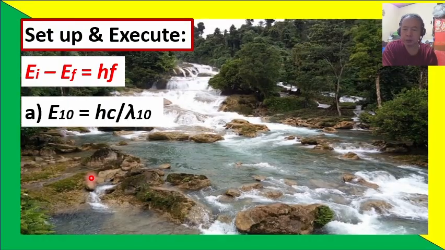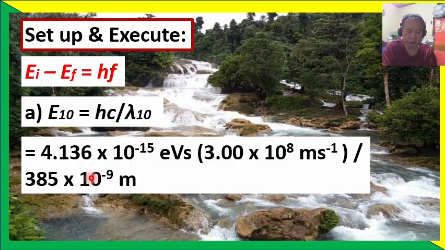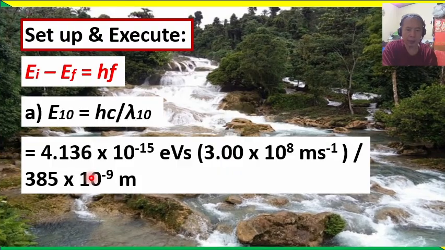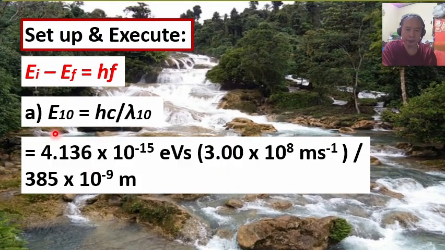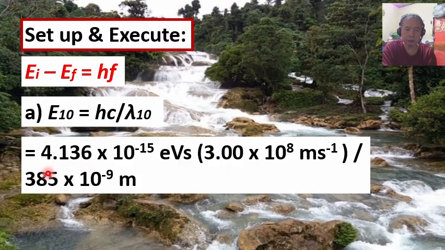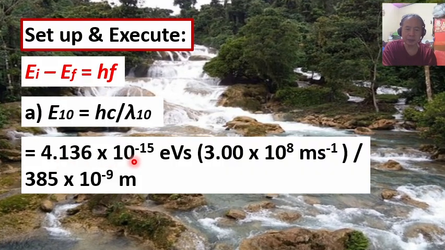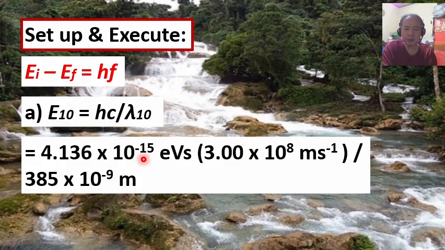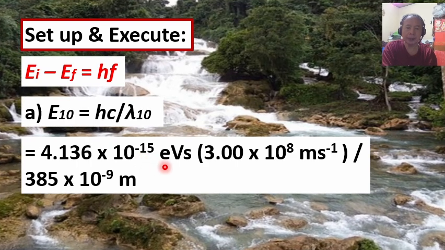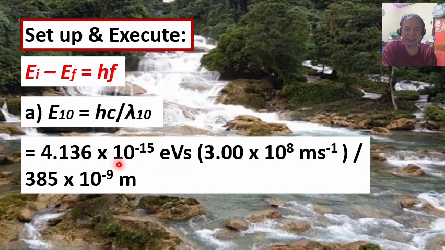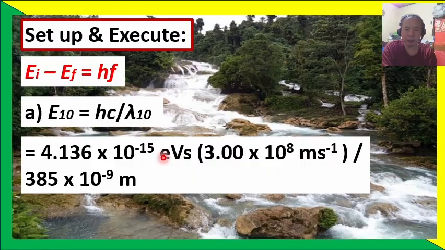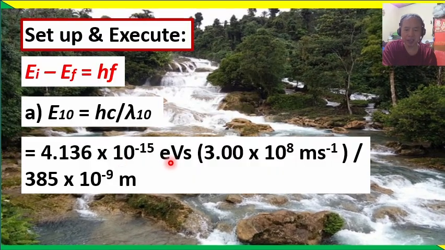So substituting the given quantities, we have the energy E sub 10 is equal to 4.136 times 10 raised to the negative 15 electron volts second. This is the value of the Planck's constant h.